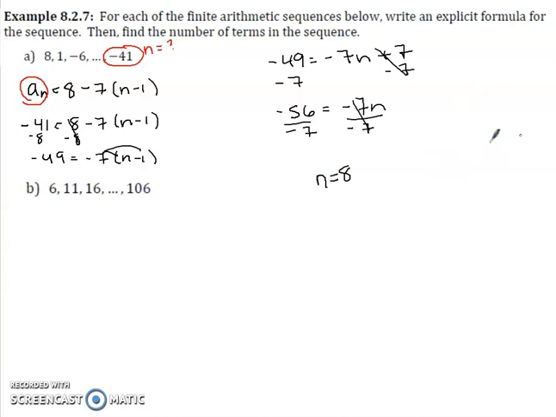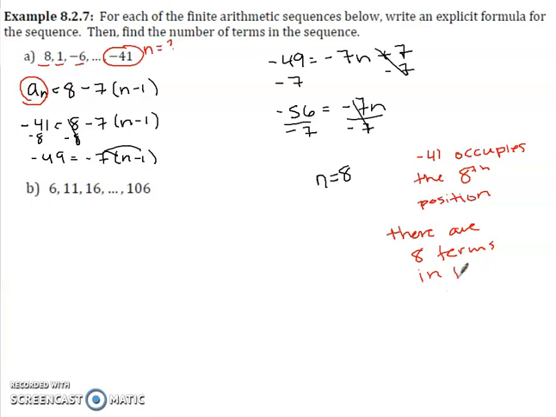So what I have just found is that that term negative 41 occupies the 8th position. So I've got 1, 2, 3, 4, 5, 6, 7, and 8, which means that there are 8 terms in the sequence.